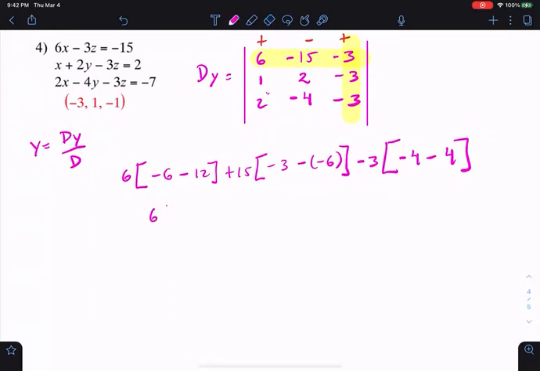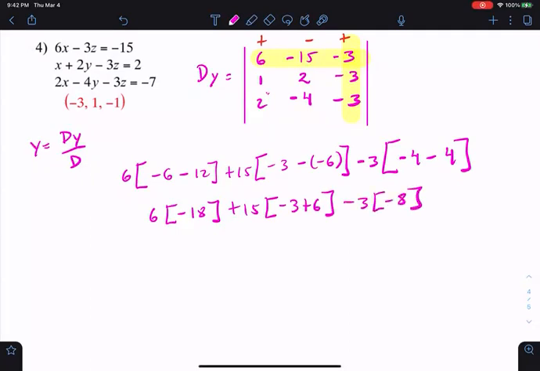So this is 6 and -18 plus 15, and this is -3 plus 6, and then this is -3, -8, right? So we multiply this, we get 108, and it's negative. This one we get 15, this is 3, that's 45, right? And then this guy is 24.